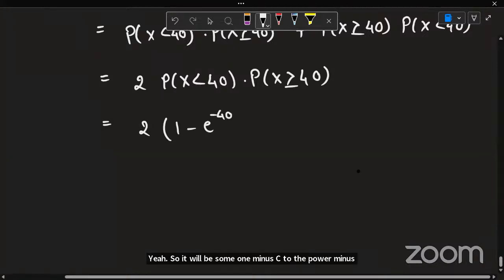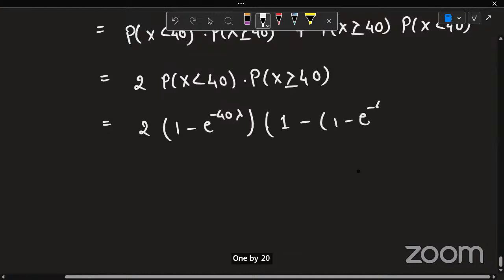And lambda is also given, so you can have 1 by 20. If you put all these values, this will be 20, lambda is 1 by 20, right? So it will be 2. Minus 2. So this will cancel, and it is e to the power minus 2.